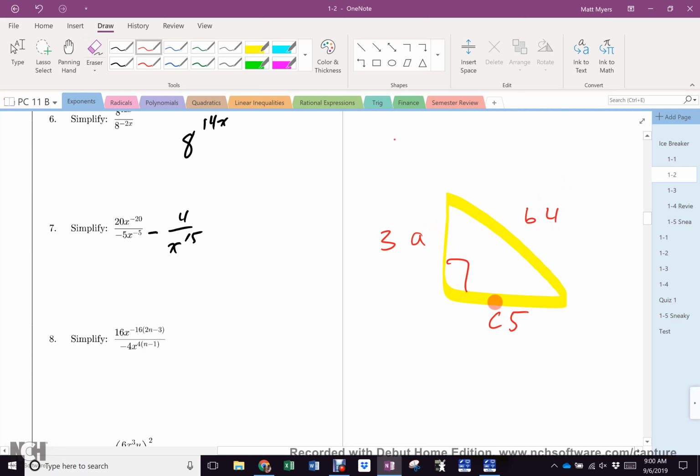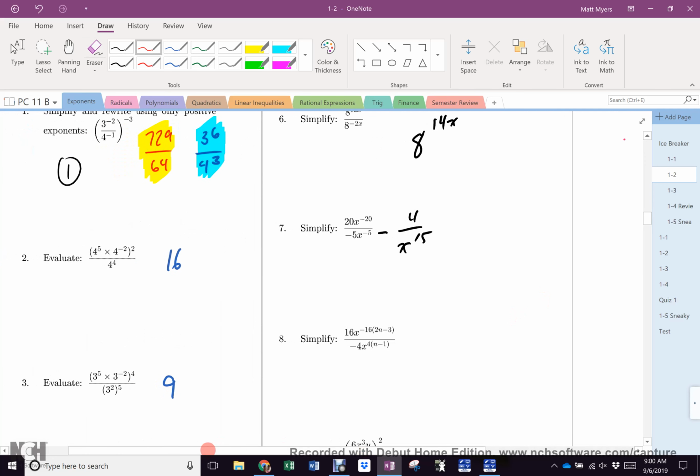Even though it's not the longest side, right? So when we change the way things look in math, a lot of you get a little, but nothing changes, and math rules don't change.